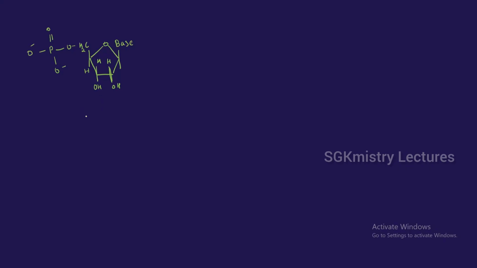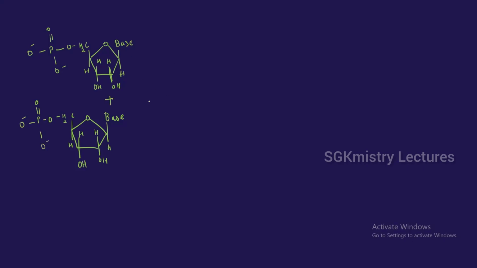Now let me write one more nucleotide. So here there will be a base, here H, here H, OH. I'm taking ribose itself as the sugar. You can also take deoxyribose. So again, there is a phosphate group since I have written the nucleotide.